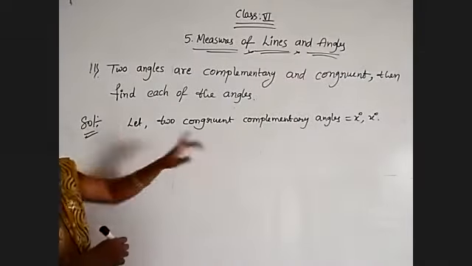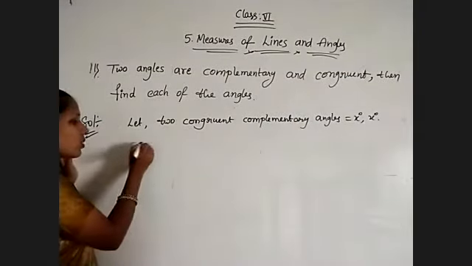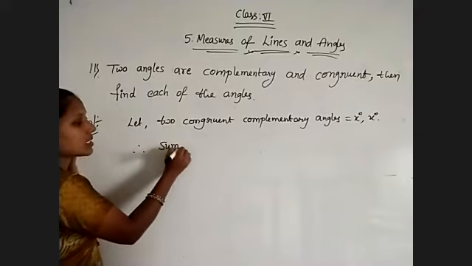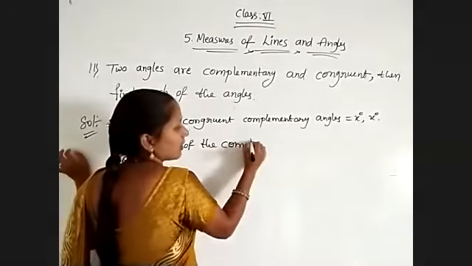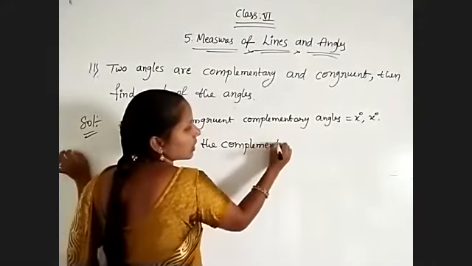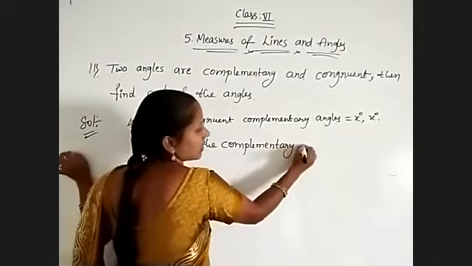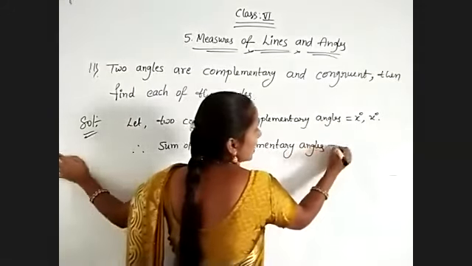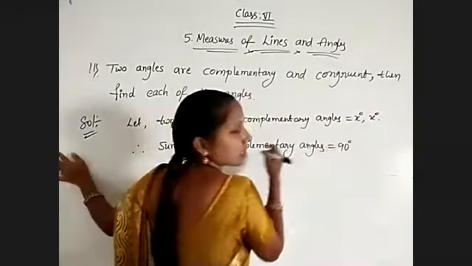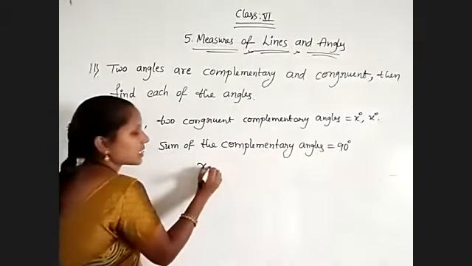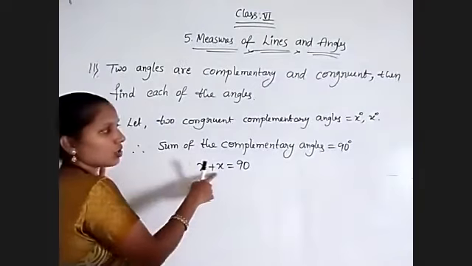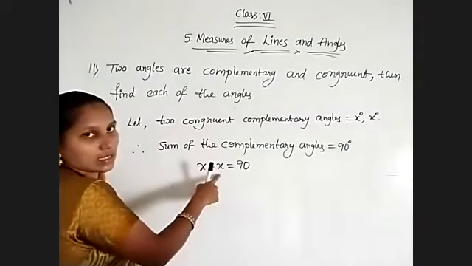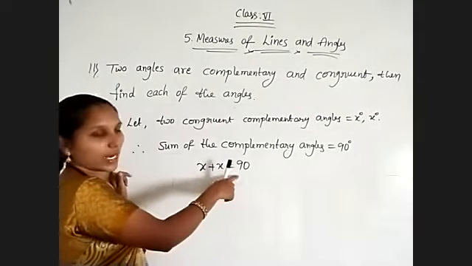As we know, the sum of the complementary angles is equal to 90 degrees. So x plus x is equal to 90.